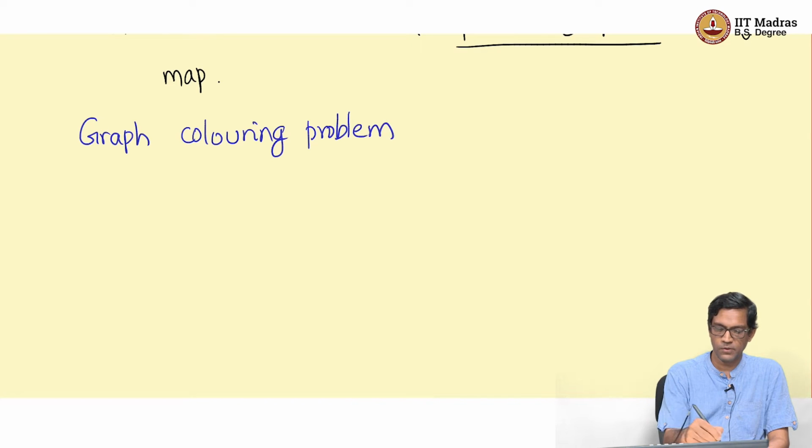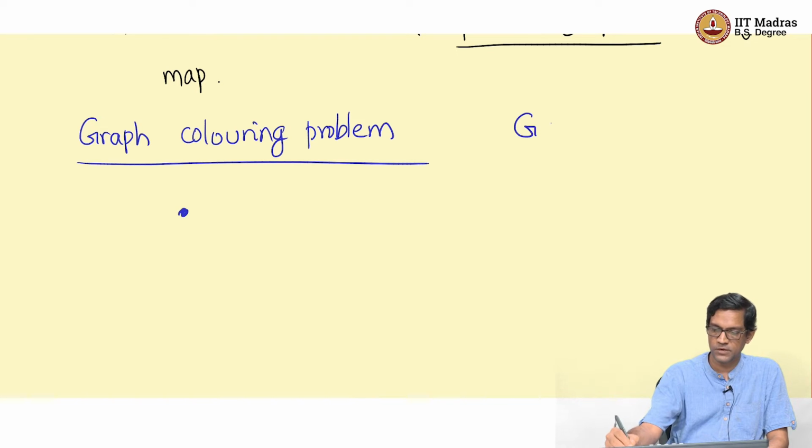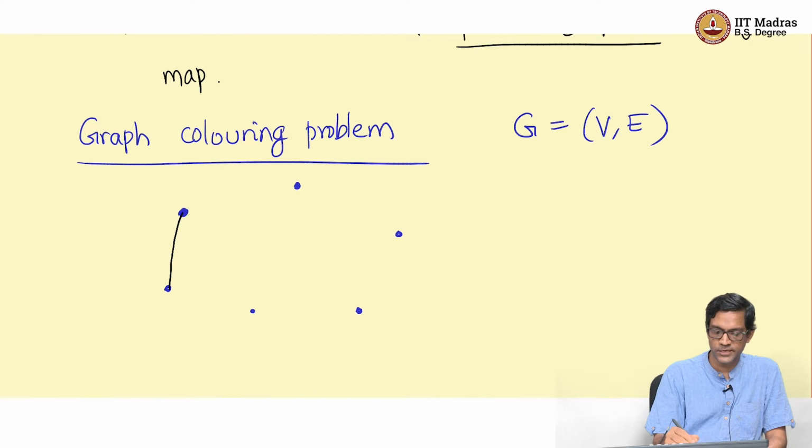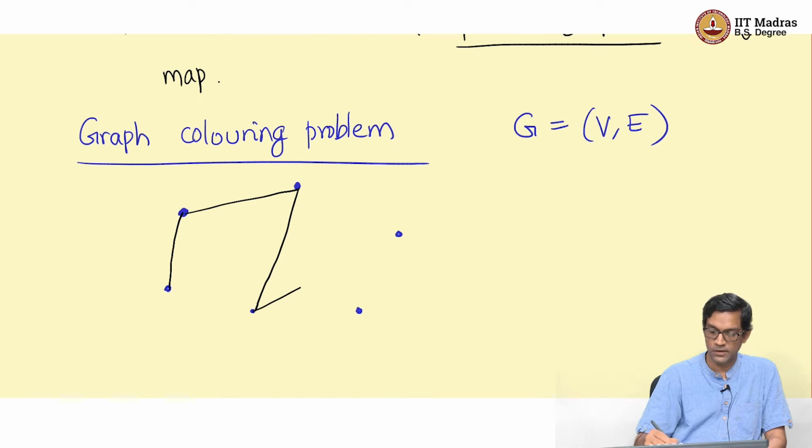And what is the graph coloring problem? You are given a graph with some vertices and edges. So, I am given G, which is V comma E, some vertices and edges, maybe something like this, and I have edges between them. Recall in the map case, if I had an edge, it is just saying that those two regions have a common boundary.